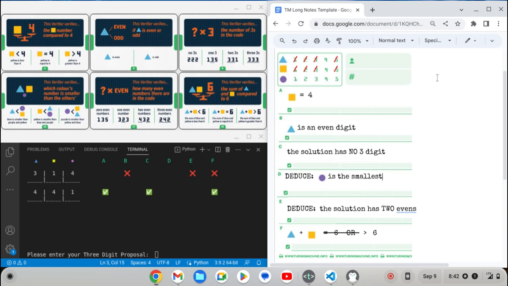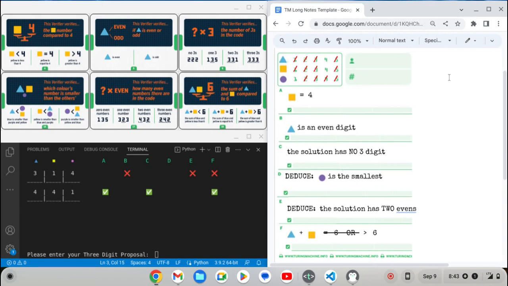And so that would mean that since there are no 3s, yeah, the smallest odd digit is a 1. So let's go ahead and cross out everything else. And so it looks like the solution, yeah, is 441. Let's go ahead and type that up.